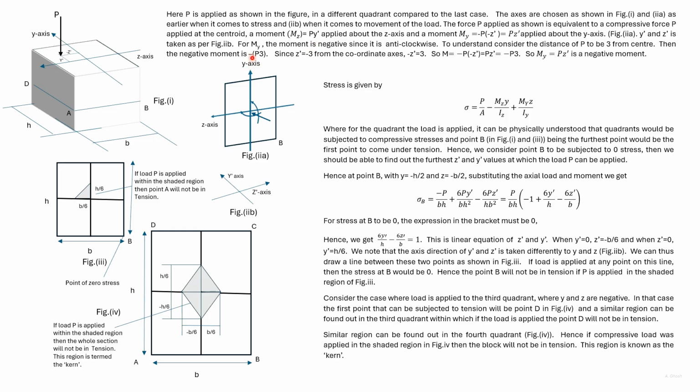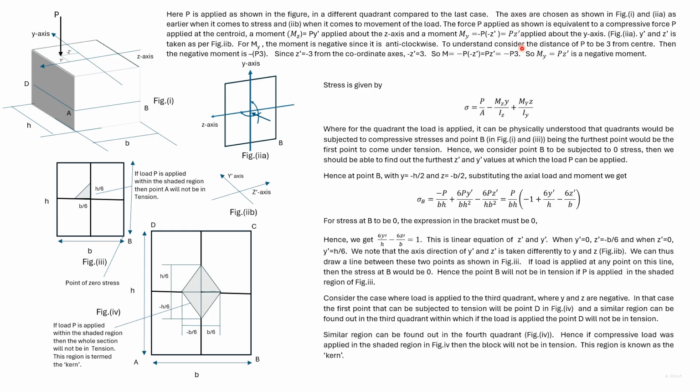Then the negative moment is minus P into 3. However, based on the coordinate system chosen, z dash is equal to minus 3, or minus z dash is equal to 3. So minus P into 3 is given as P z dash, which is a negative moment.